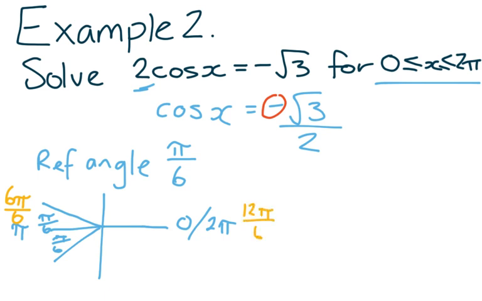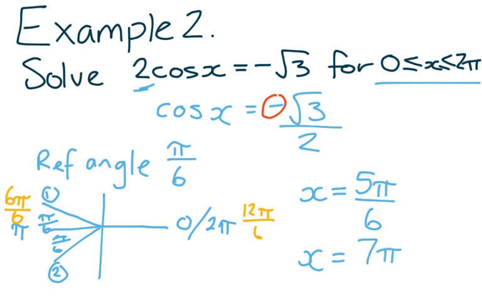So for our solutions, we would have 6 pi on 6 take away pi on 6 to get the first one, which gives us 5 pi on 6. Our second solution comes from 6 pi on 6 plus pi on 6, which becomes 7 pi on 6.